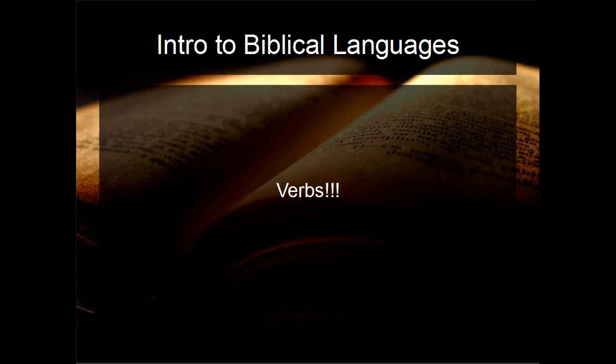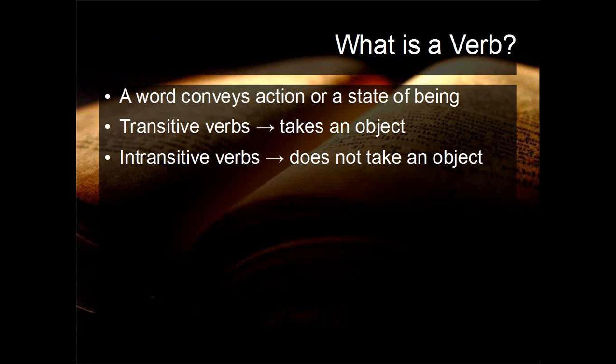So first and foremost, let's do a little grammatical review. What is a verb? A verb is a word that conveys action or a state of being, okay? Now there are two kinds of verbs.